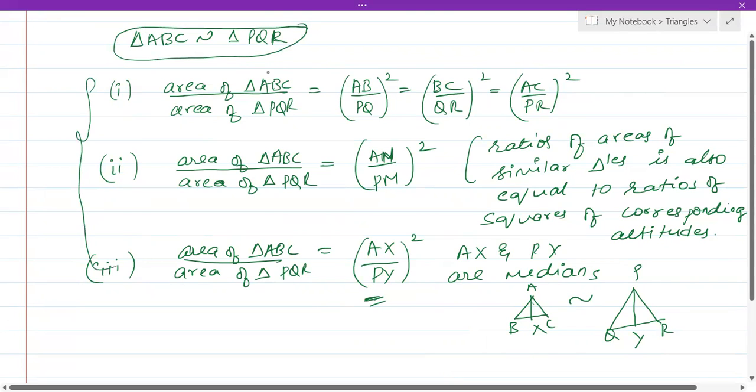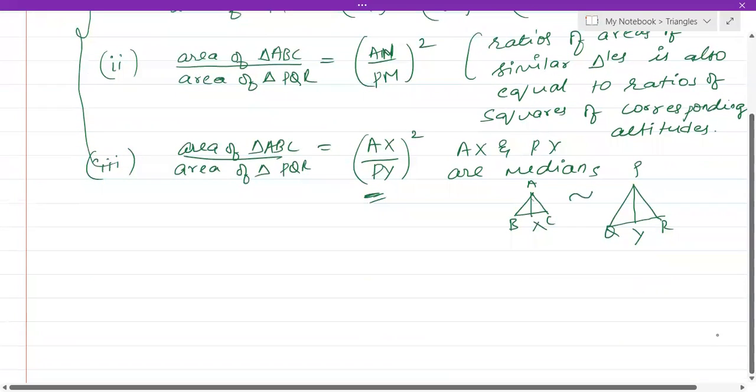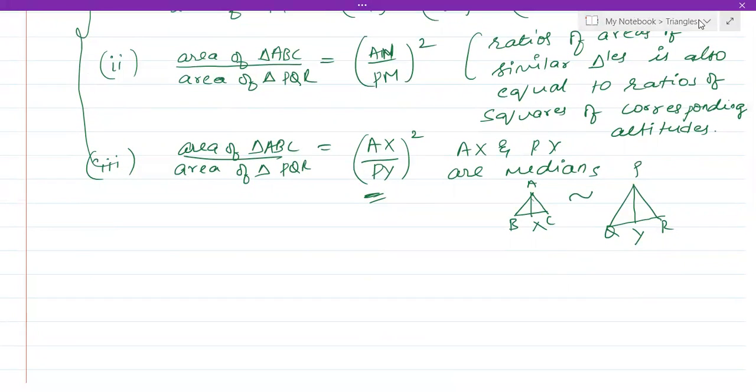That is, ratios of the areas is equal to ratios of squares of corresponding sides. Let me write it separately, on a new page itself.